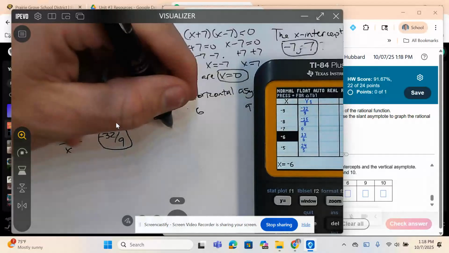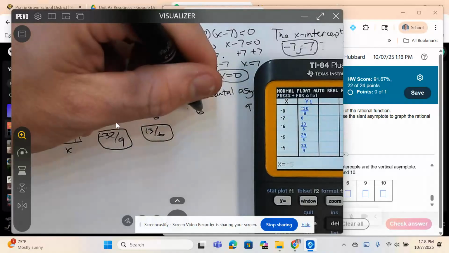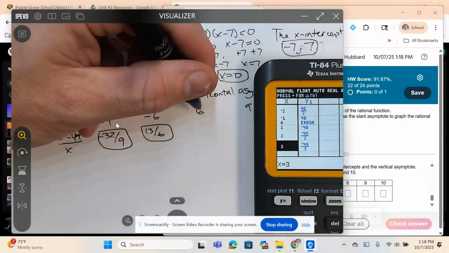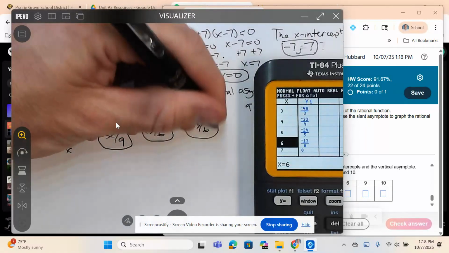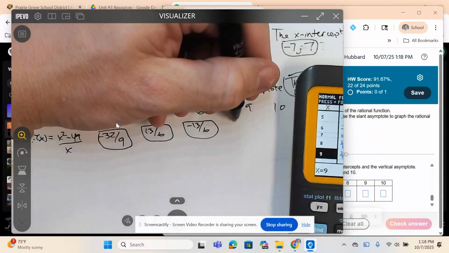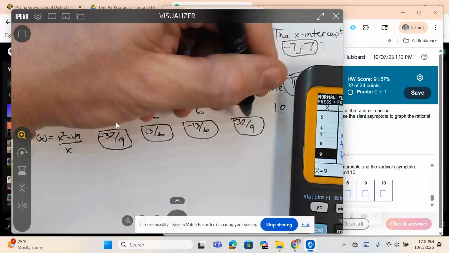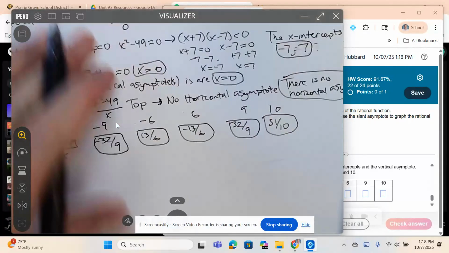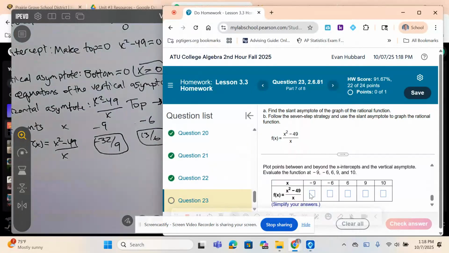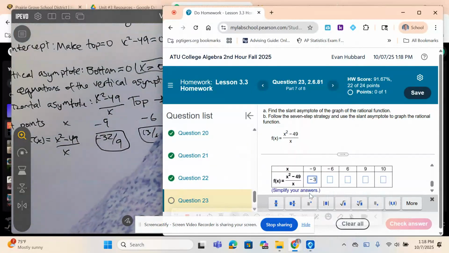-6, 13 sixths; 6, -13 sixths; 9, 32 ninths; 10, 51 tenths. Now you could cheat and look at the graphs on the next one, but I'm not going to have time to.